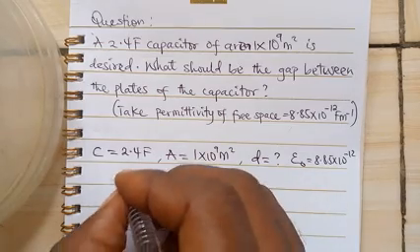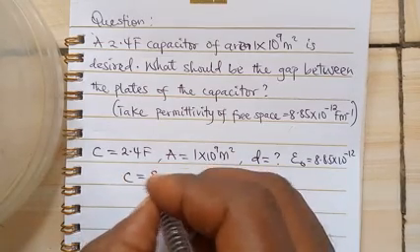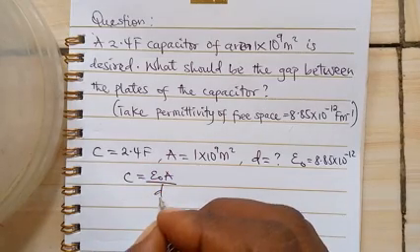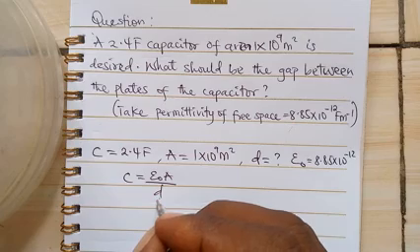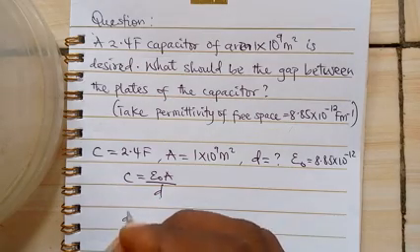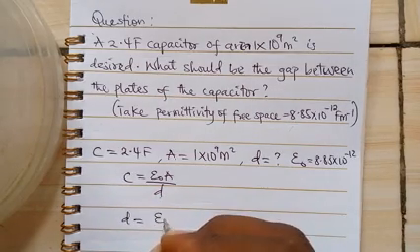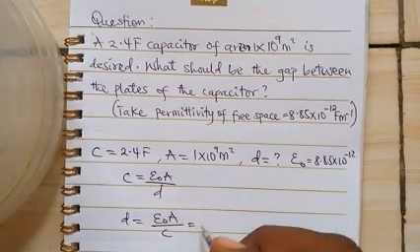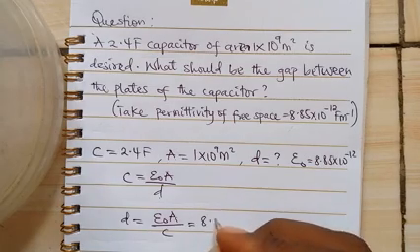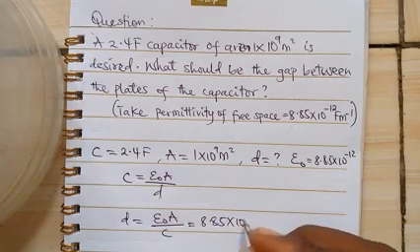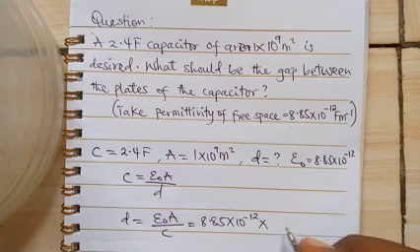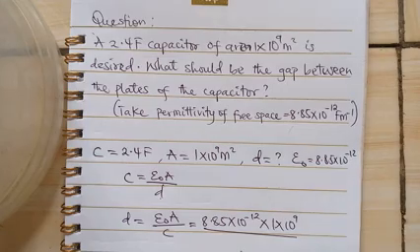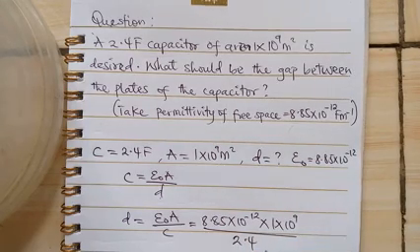From the formula, we have that C is equal to E naught A over D. We are asked to calculate D, so we make D subject of the formula. D is now equal to E naught A over C. If we plug in the values, we'll have 8.85 times 10 raised to power minus 12 times the area, which is 1 times 10 raised to power 9, over C, which is 2.4.